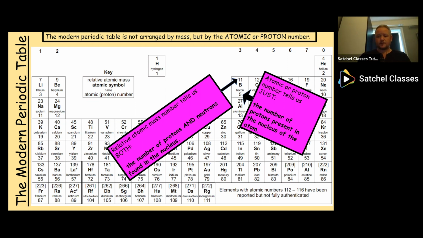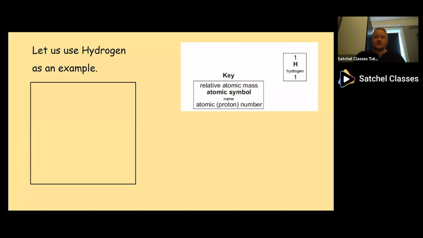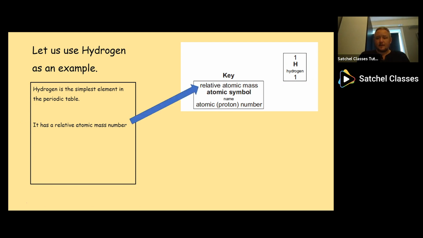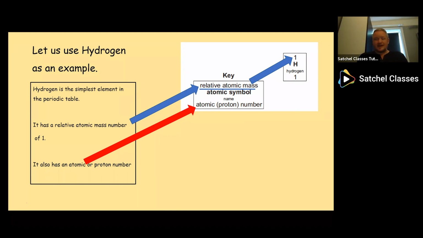So far, so good. Let's use hydrogen as an example. It's the simplest element in the periodic table. It has a relative atomic mass number, and I use my key to identify that this here is my relative atomic mass number, and it's 1. It also has an atomic or proton number, and again I can use my key to identify that that is also 1.